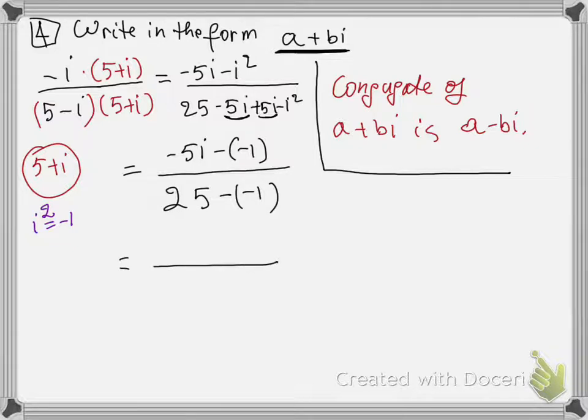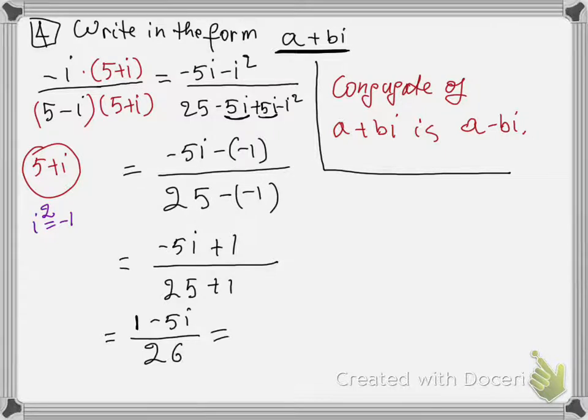So simplify further, we have negative 5i plus 1, and the denominator 25 plus 1. Let's rewrite this in the order of having the real part of the complex number first, which is 1, and then minus 5i divided by 26.